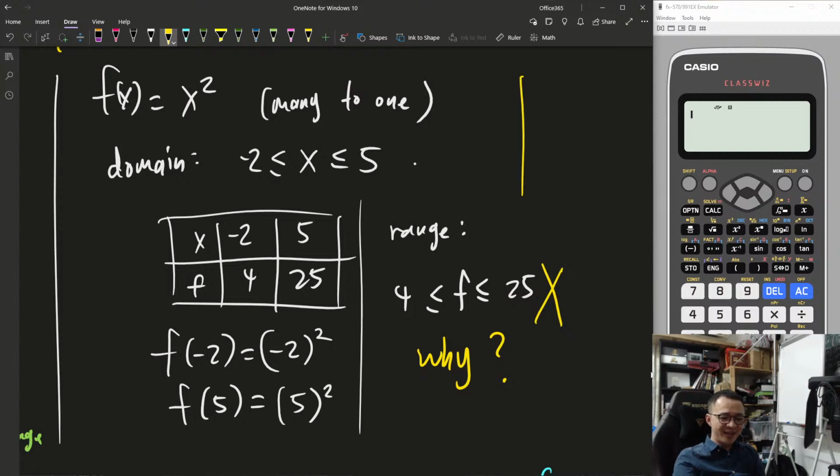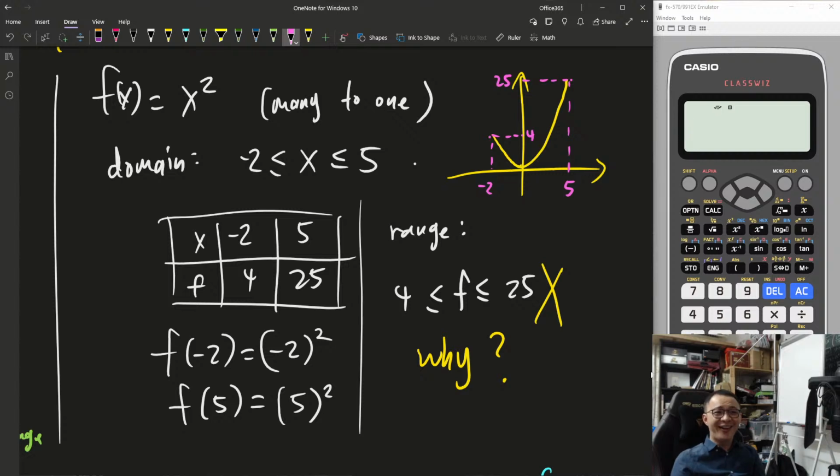If you understand the graph of x squared, it should be something like this. This is the graph of x squared. So you can see this is -2 and this is 5. Based on my finding, for -2 I will get 4, and for 5 I will get 25.